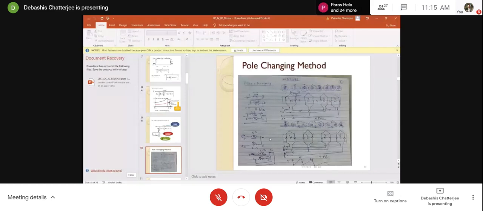Because the slides I took photographs of have a larger file size, it takes time. Okay, is it visible now? Yes, sir. Okay. So now the question is, how do we change the poles?